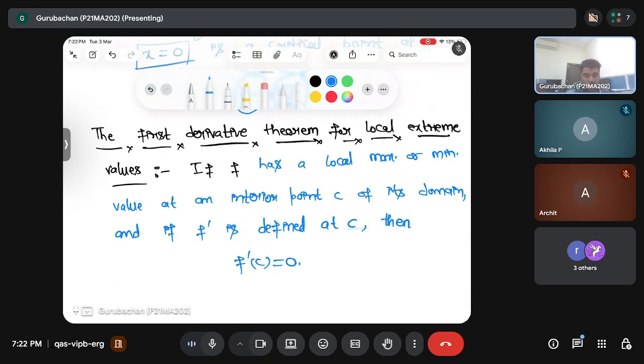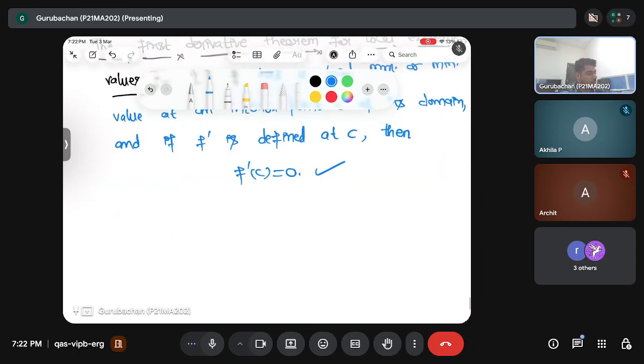Observe here, we only talk about an interior point. If we know that our function is differentiable at that point, and that point corresponds to a local minimum or maximum, then the derivative must be 0 at that point. This is how one can find the critical points. This theorem belongs to that.